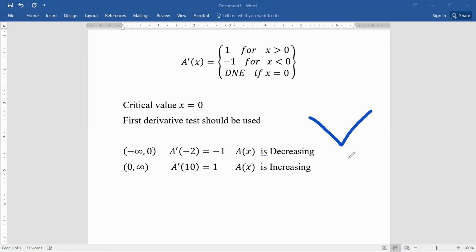Other times, the first derivative test can't be used, and you end up with things like asymptotes like we had in our last example. So it kind of depends on the situation. But again, the first derivative test should not be used when our function is not differentiable at a point. We have to be really careful about that. The first derivative test works only when my function is differentiable along an interval.